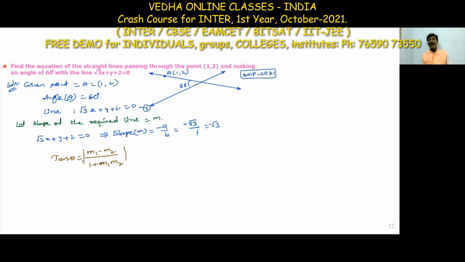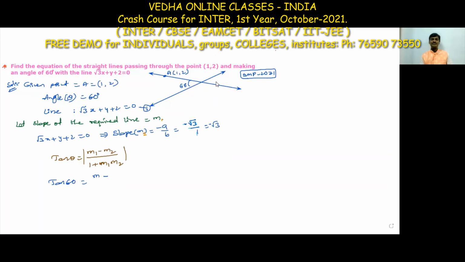We know the angle and one slope, so we can find the other slope using this formula. Tan theta, where theta is 60 degrees. I am taking m1 as m only, and the second slope m2 as this one.